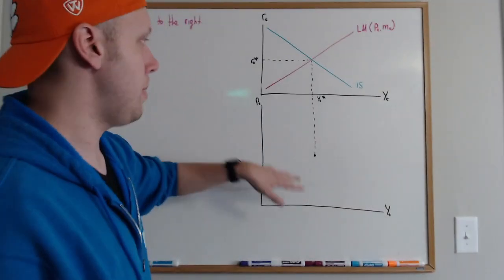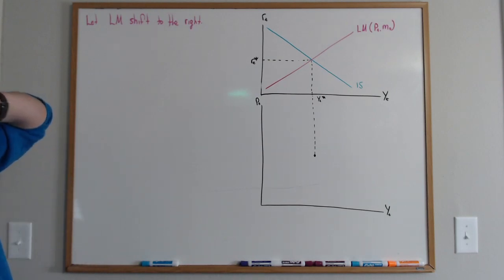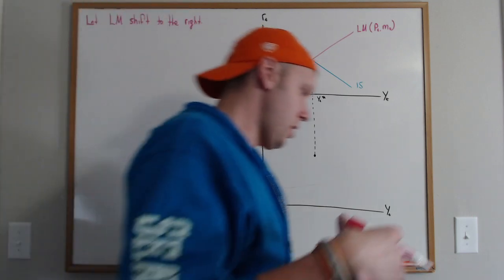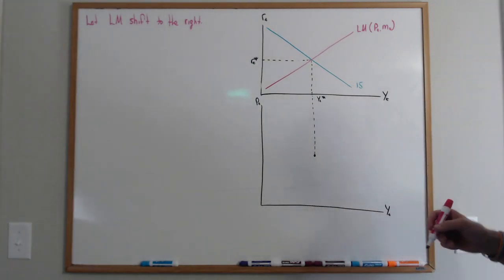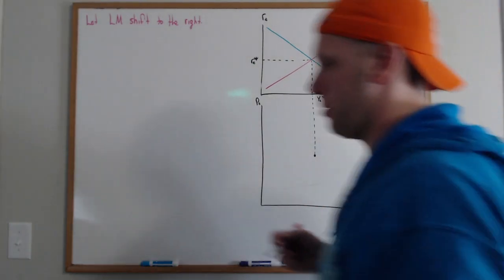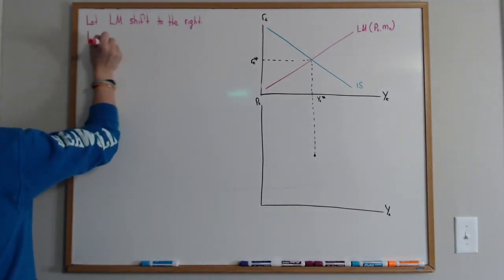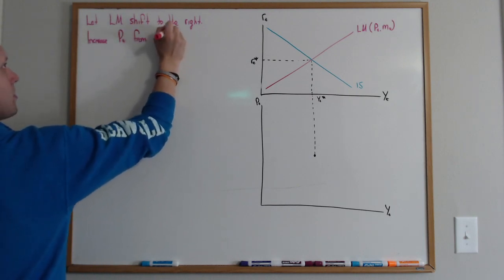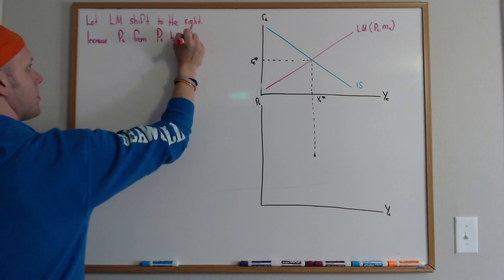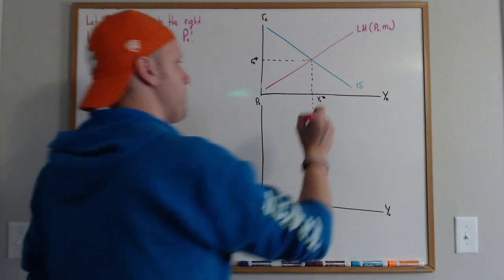We get demand, we can also get supply in this graph here. So what can change in the LM curve that will allow us to trace a new point in this price output space? Well, it would have to be a change in the price level. So let's increase the price level from PT to PT1.